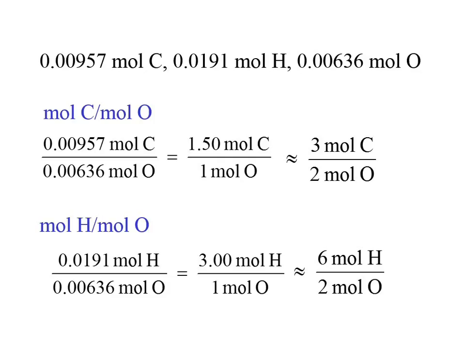So again, with this approach, we recognized that the fewest number of moles was the thing that we were going to actually take. In this case, oxygen, we're going to take the relative carbon to oxygen, hydrogen to oxygen. Okay, but I like my columns better.